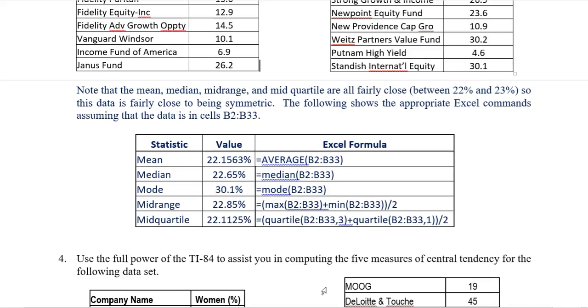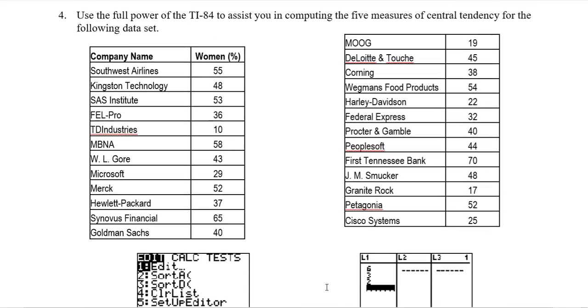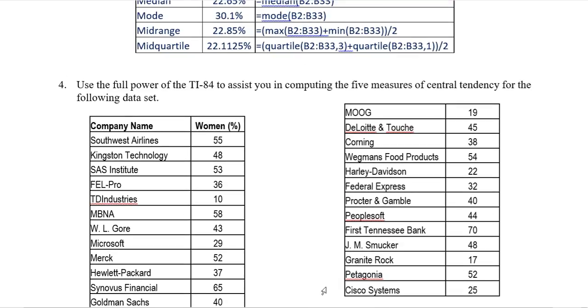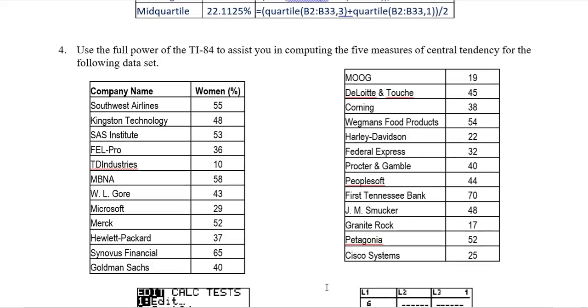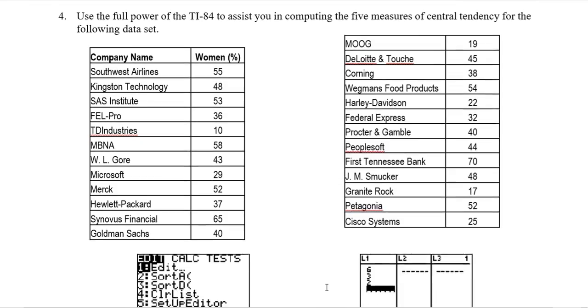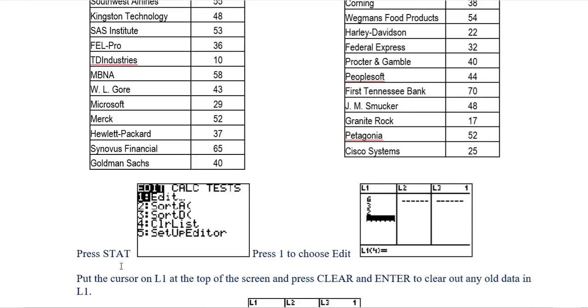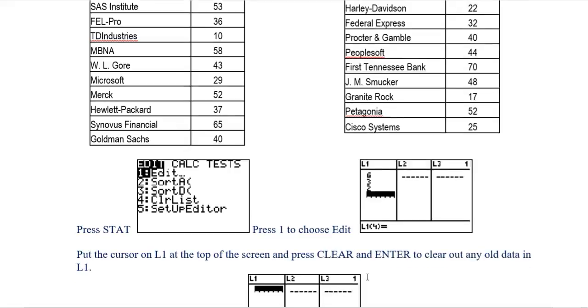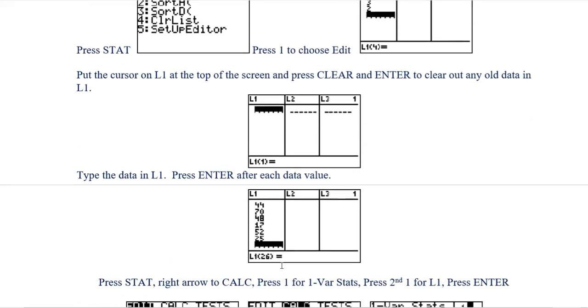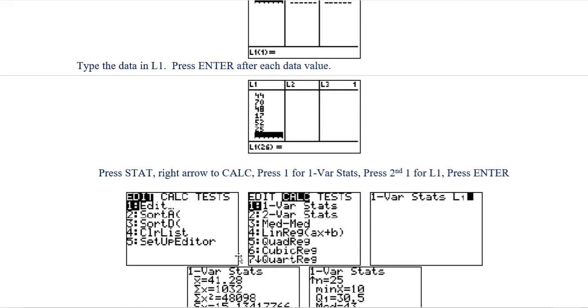Okay. Well, here's another data set for you to use, and say maybe use the TI-84 to do this data set. Okay, so press pause and do that one yourself. Okay, so press Stat, go to Edit, put in your data, and clear L1, and then enter the data, pressing Enter after each one.